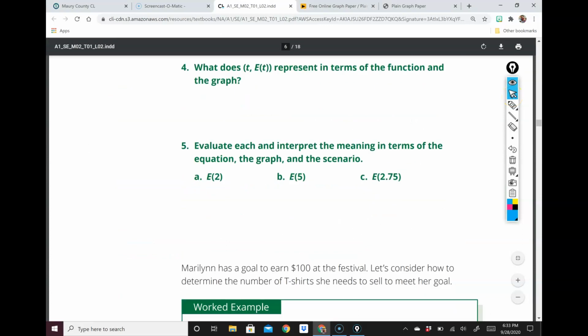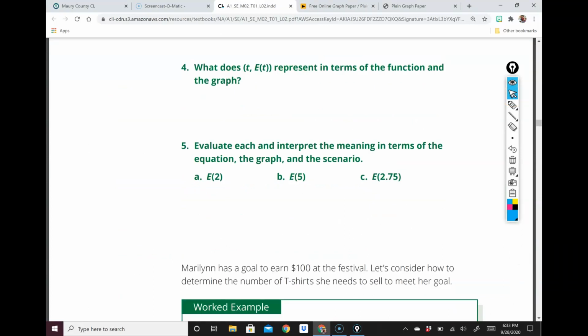Number 4. What does t and ET represent in terms of the function and the graph? So t is your x and ET is your y. X is your input, y is your output.